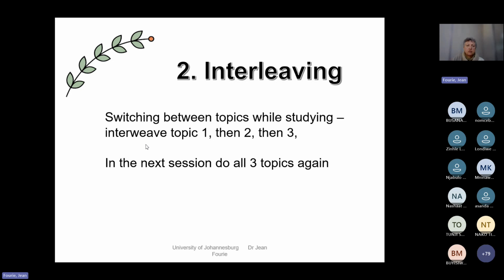So you can read up a little bit more on this strategy and how it can be used effectively in classrooms.